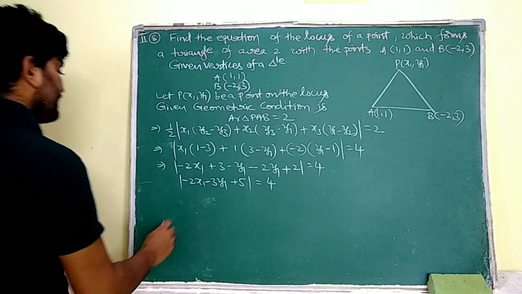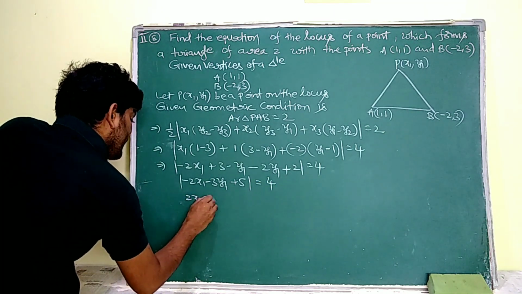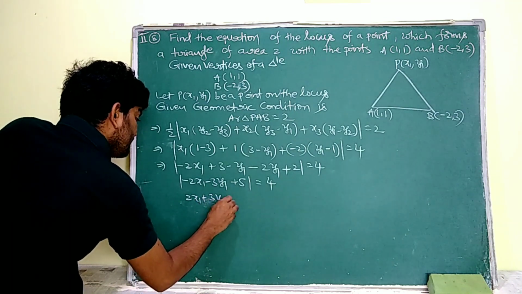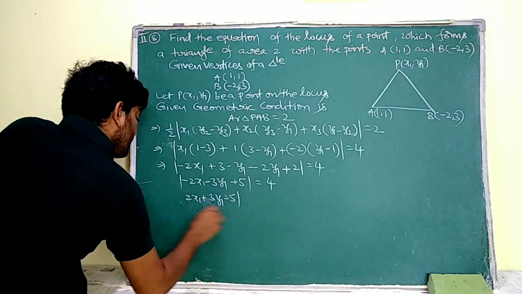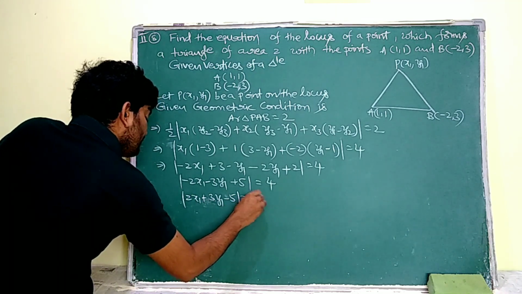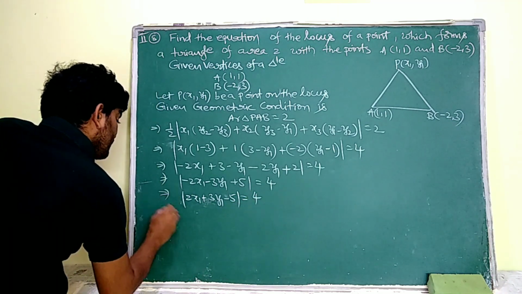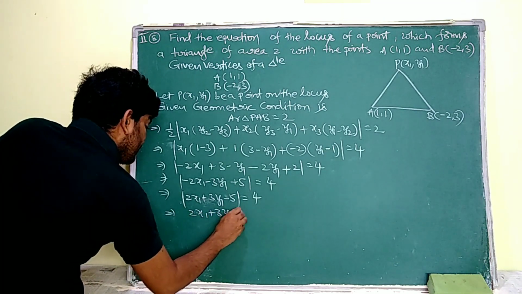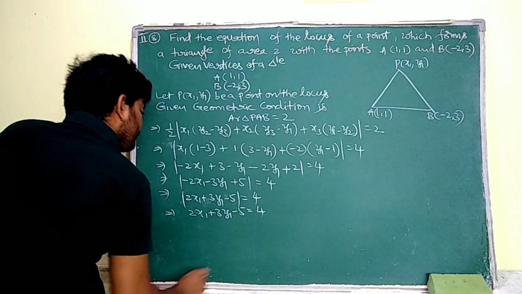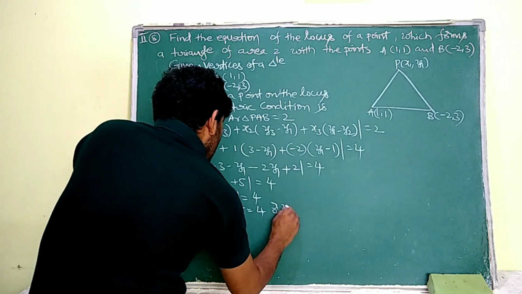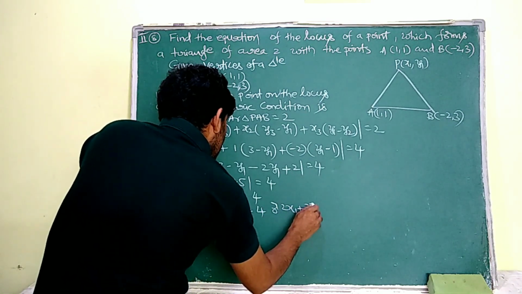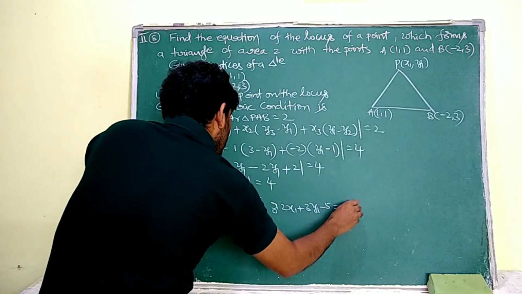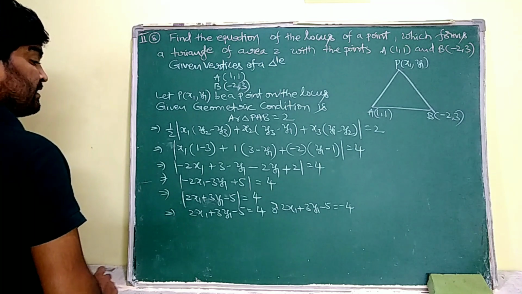That implies modulus of 2x1 plus 3y1 minus 5 is equal to 4. So that means 2x1 plus 3y1 minus 5 is equal to plus 4, or 2x1 plus 3y1 minus 5 is equal to minus 4.